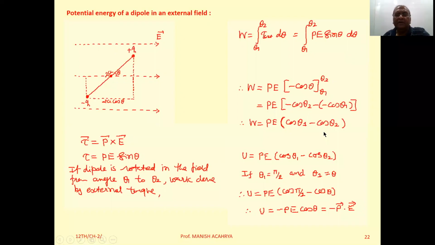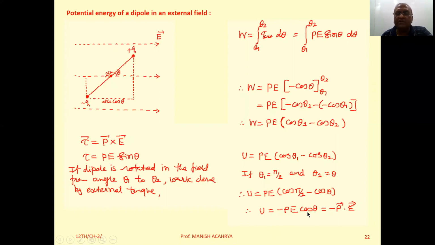Clear up to here? Now suppose here we consider theta 1 equal to pi by 2. And from that position, if the dipole is rotated by angle theta, we can take theta 2 equal to theta. Then the potential energy we can write as PE into cos pi by 2 minus cos theta.